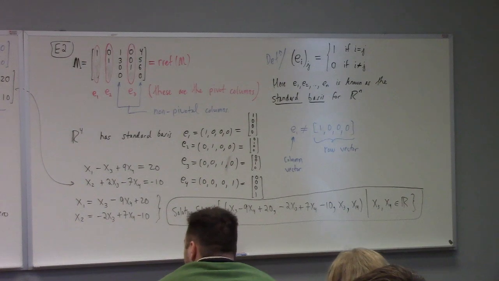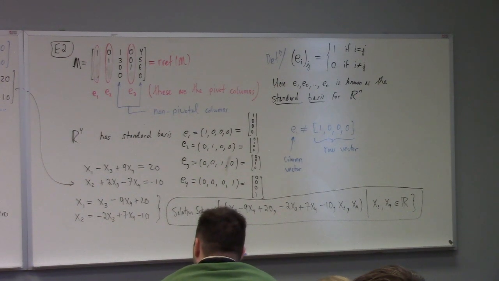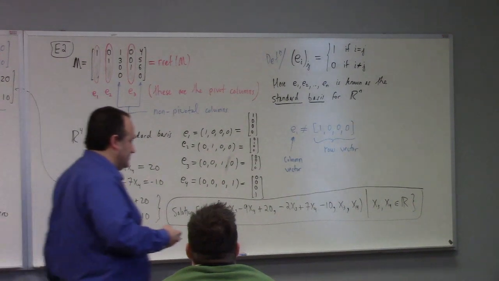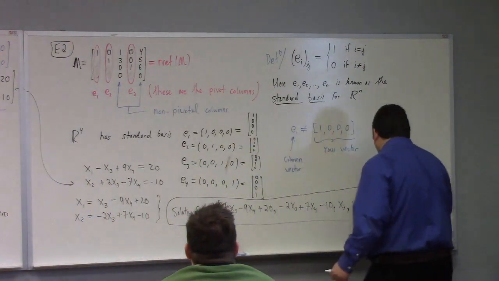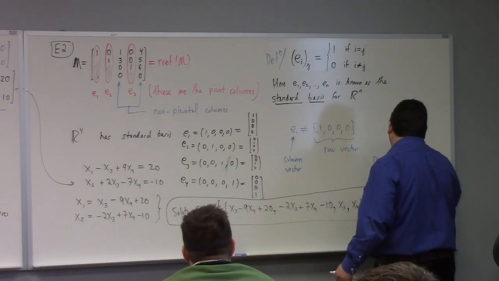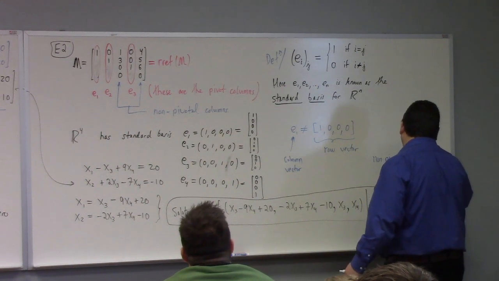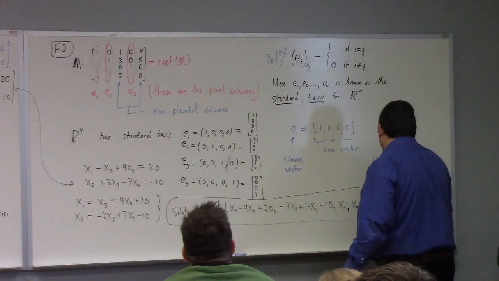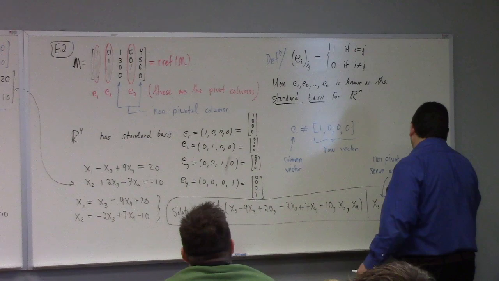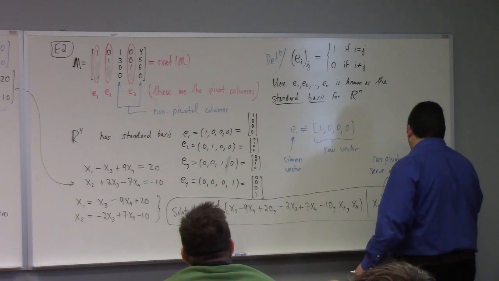In other words, the non-pivotal variables serve as parameters for the solution set. Let me write that down. Non-pivot variables serve as parameters for a solution set.